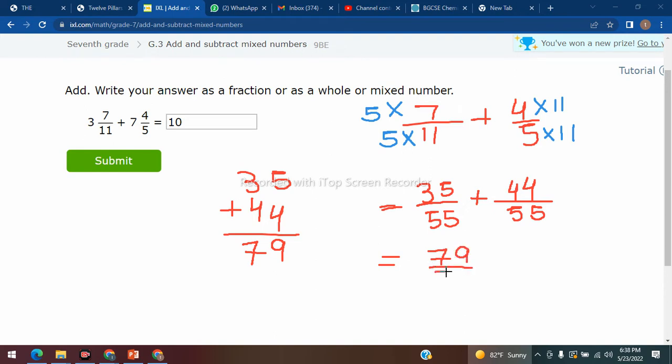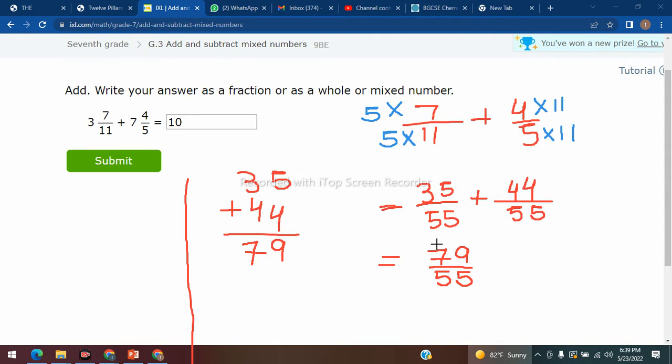You know what they're causing us to do? 79 over 55, we have to convert that into a mixed number again. Mr. Petit, how come we didn't do it for the other one?